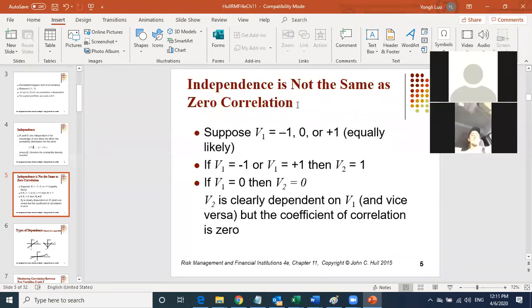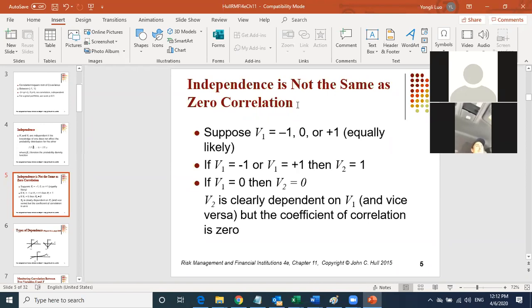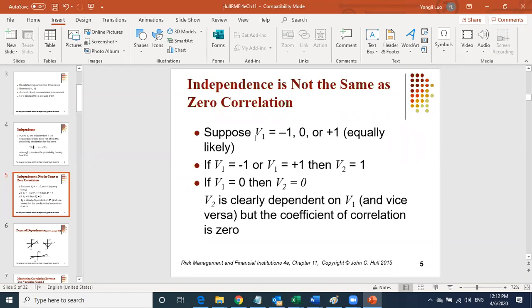That's why later on we introduce the concept of copulas. For example, zero correlation: suppose variable 1 is -1, 0, or 1, equally likely in its probability distribution.